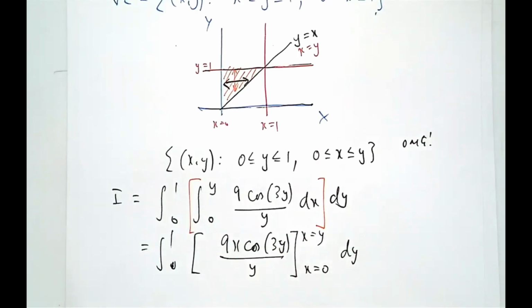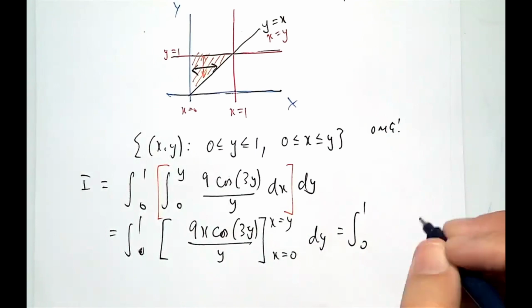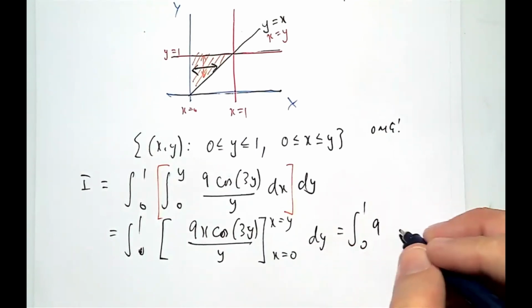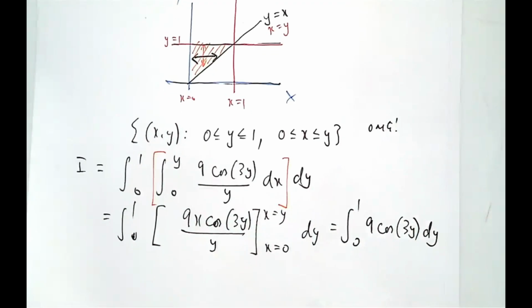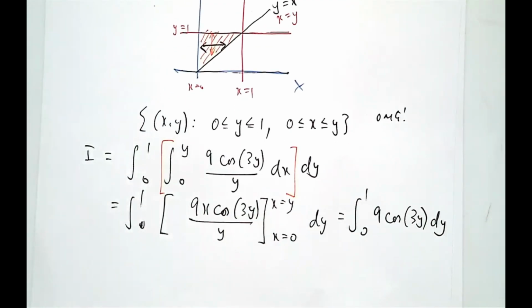When I plug in y for x and 0 for x, I'm going to get some nice cancellation. We can handle that integral. It's going to integrate to something like 3 sine 3y.